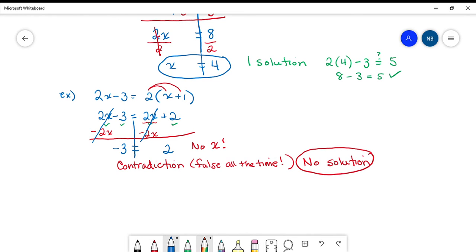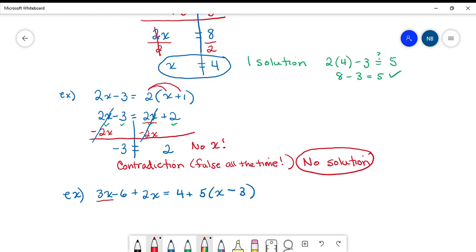All right, another example. 3x minus 6 plus 2x equals 4 plus 5 times the quantity x minus 3. Well, we definitely need some simplification.